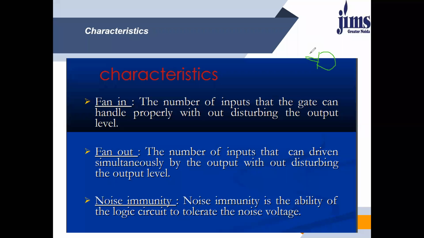If we consider an AND gate, suppose this AND gate has 4 inputs. In case I give 4 ampere of current into this gate, 1 ampere will go into each input.